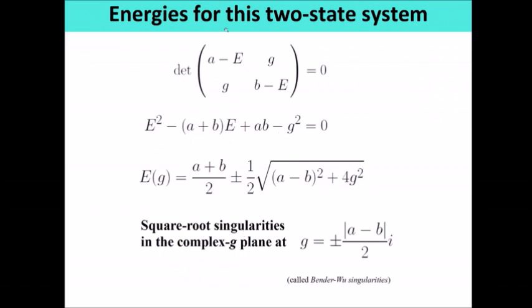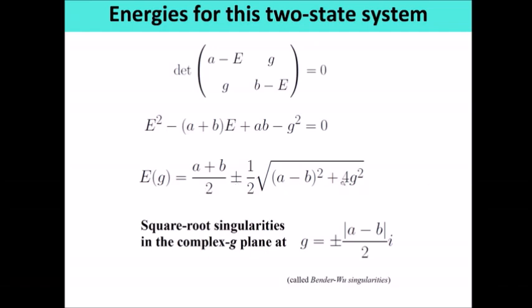Now, if you want to know what are the energy levels of this Hamiltonian, you need to take the determinant of the Hamiltonian minus the identity matrix times E. And if you take the determinant, you get this equation, and you set this equal to 0, and you find the roots, and you find that there are two energies, and this is the formula for the energies, okay?